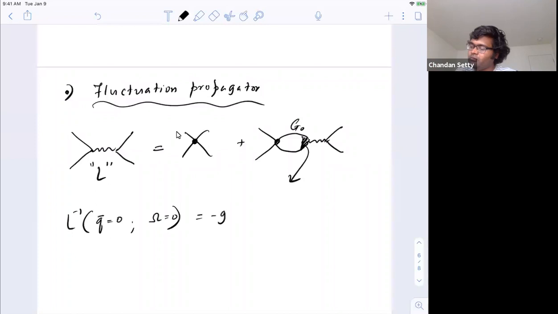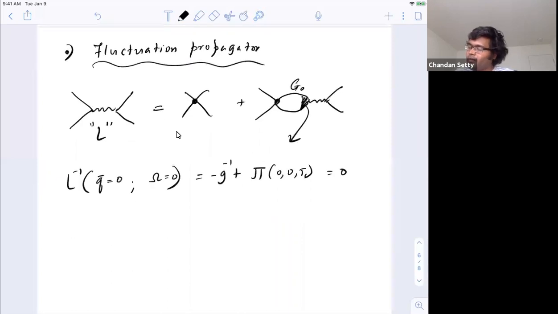That is, you take L inverse plus pi. Pi here is basically describing this bubble. So this is pi. And you ask, what is the temperature at which this goes to 0?